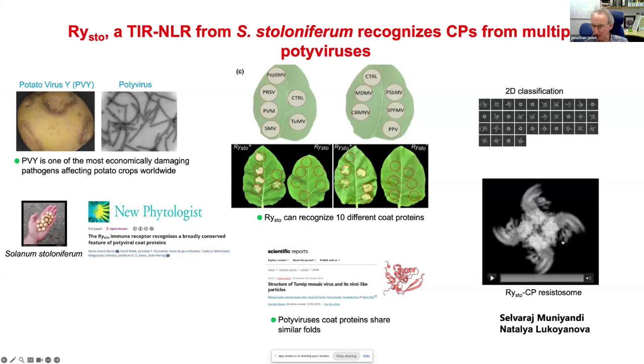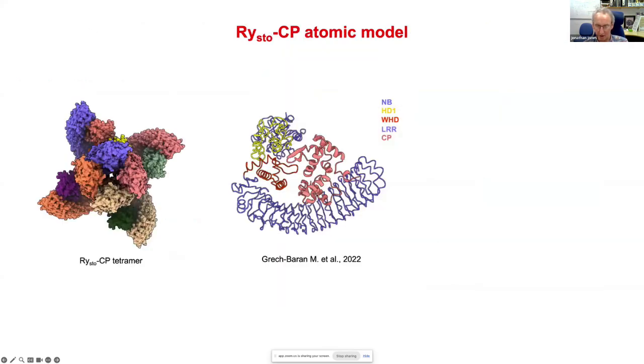So we ran the same kind of pipeline, and we got a tetramer for this PVY coat protein, Ry coat protein oligomer. It's not quite as good resolution as the WR4 data, but we can build a credible model for how Ry recognizes the PVY coat protein.